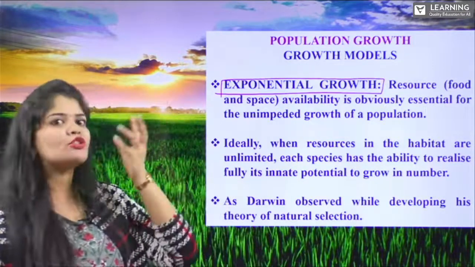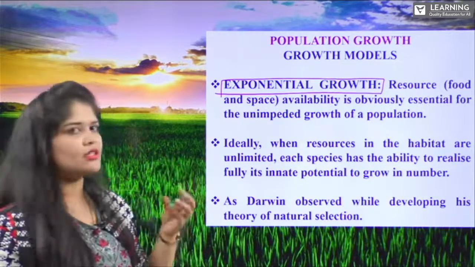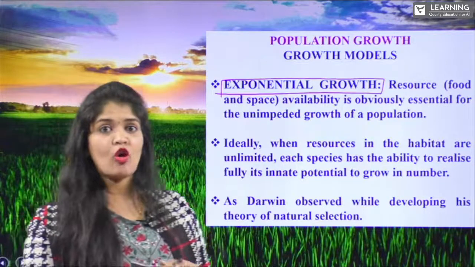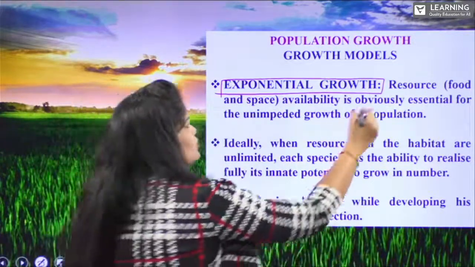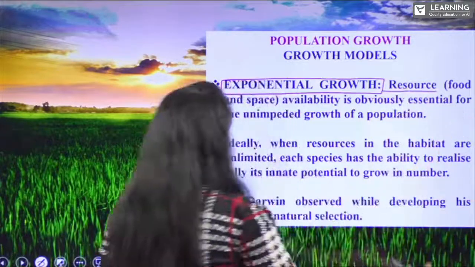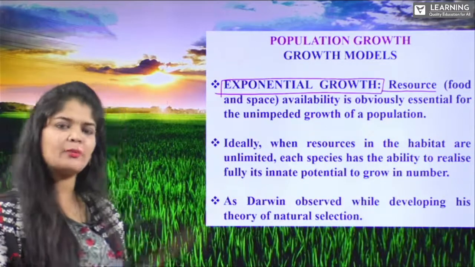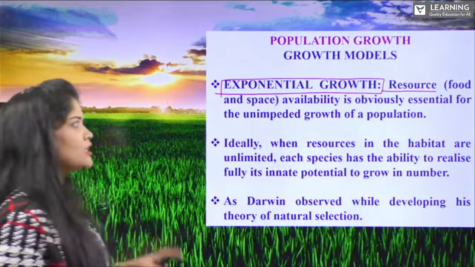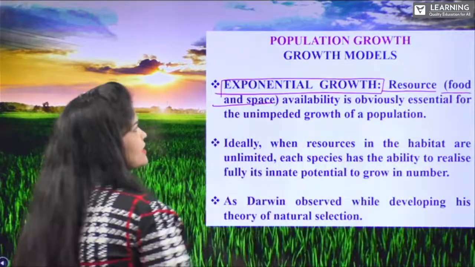Here, assume a situation. It's an example. We have to imagine that the availability of resources is unlimited, right? Resources are nothing but food, crops, availability of land, favorable habitat; resources in the form of food and space.